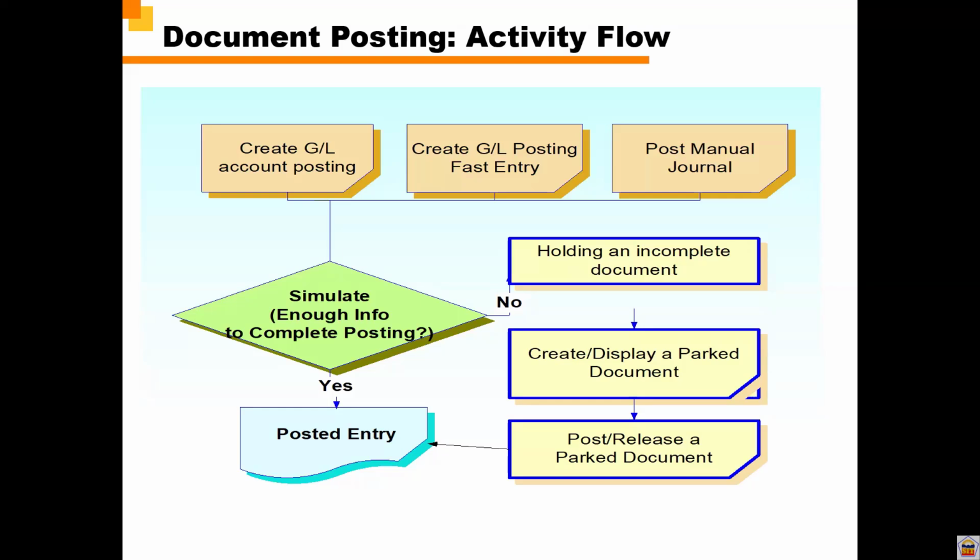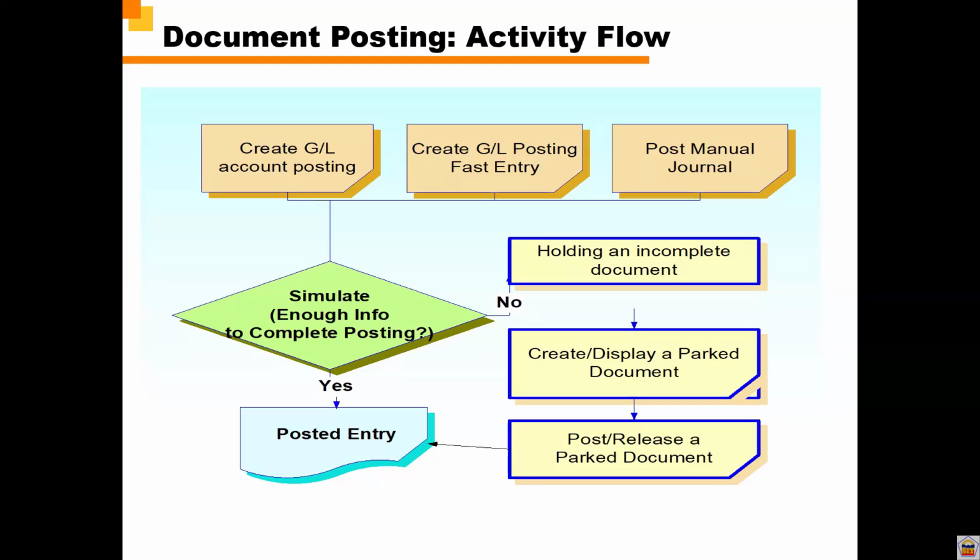So we can't make changes in that posted document, except there are three, four fields in which we can make changes. Fields like the cost center, profit center, and amount are the fields in which we can't make changes. If you have posted any wrong document, then we have an option to go for the reversal. But for the reversal also, we need to give the reason why we are doing that reversal. So this is called posting of a document or posted document.